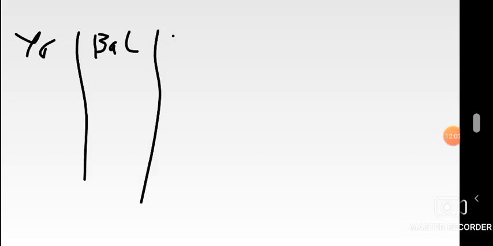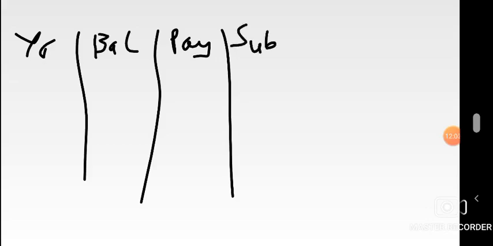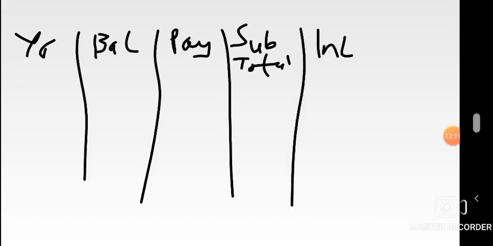Here we put the payment, then a subtotal. You have your interest. This is the format when payments are in advance. It's an easier format actually, and you get to appreciate it more. And then the closing balance.